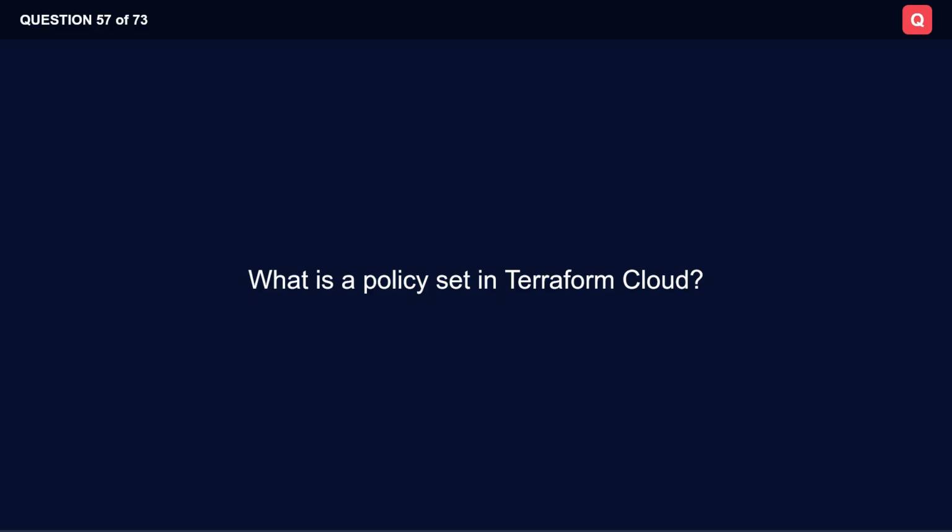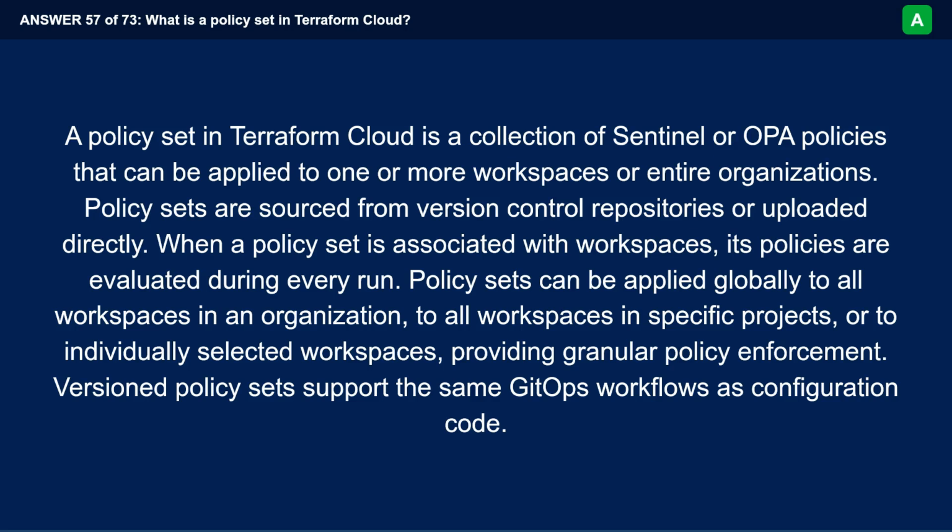What is a policy set in Terraform Cloud? A policy set in Terraform Cloud is a collection of Sentinel or OPA policies that can be applied to one or more workspaces or entire organizations. Policy sets are sourced from version control repositories or uploaded directly.